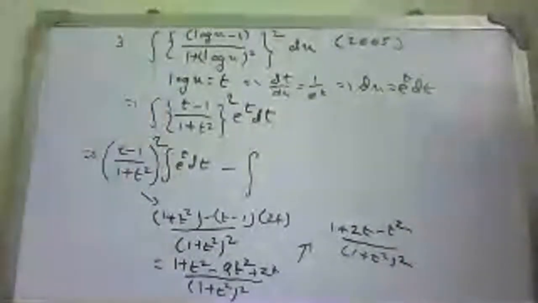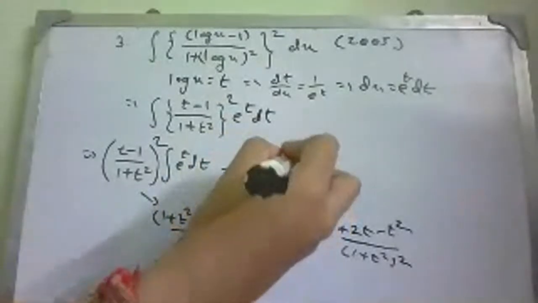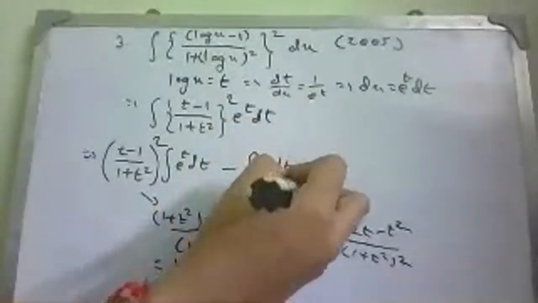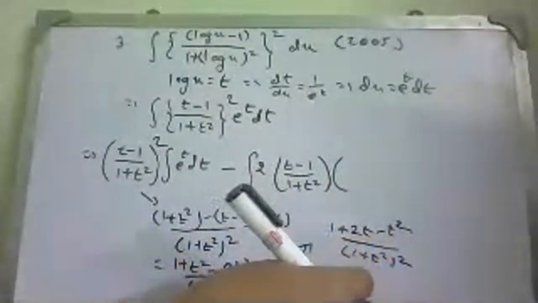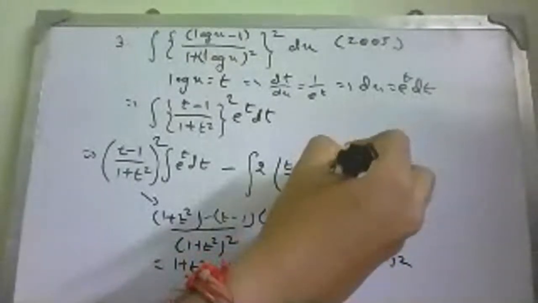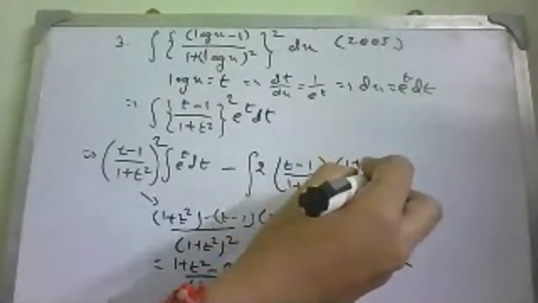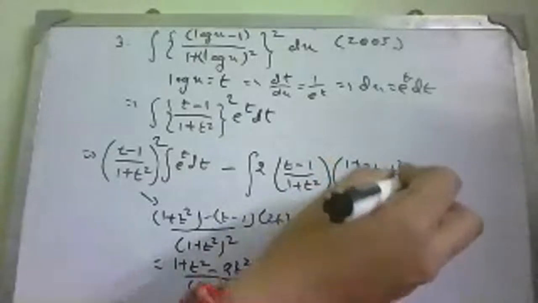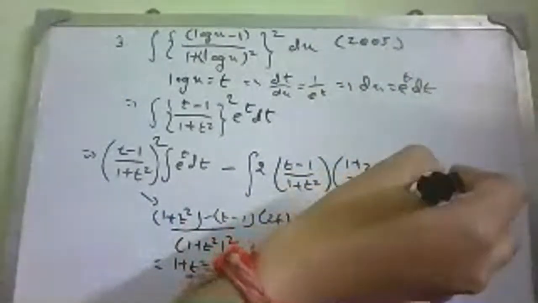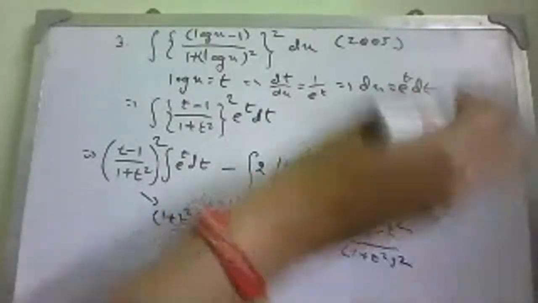Okay, so I'm really sorry, it's something like this. So the final expression looks something like this: t minus 1 over 1 plus t squared times this thing, which is 1 plus 2t minus t squared over 1 plus t squared whole square, e to the power t dt.